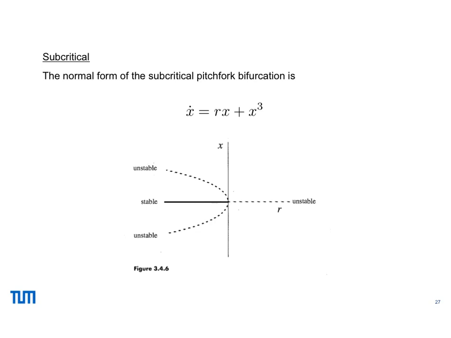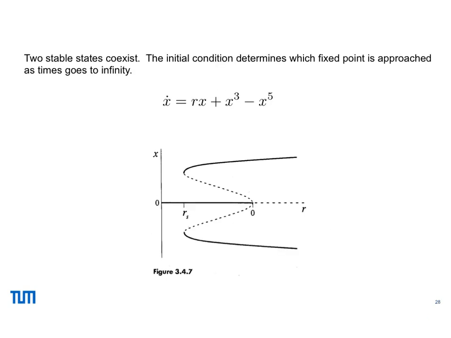A more complete model will add an additional term, in this case minus x to the fifth, as you see here, and this will add an additional branch of fixed points, this branch in here and this branch in here. And now I have a bound, an equilibrium point to go to, but still following a subcritical bifurcation.